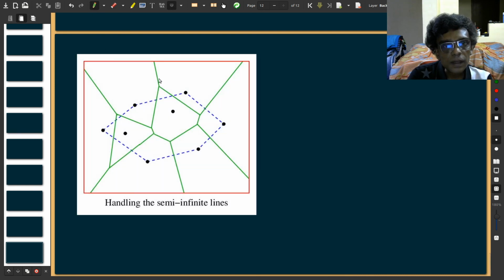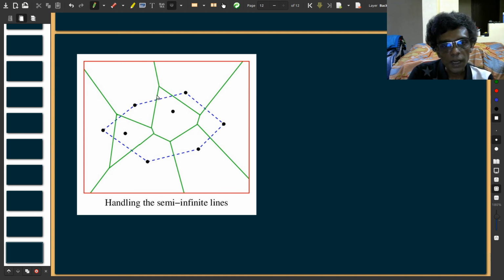What happened earlier, we assumed that this originates from plus infinity, plus infinity, plus infinity, and this is going to minus infinity, minus infinity, minus infinity. But after this, I have run Fortune's algorithm and discovered all the finite points.